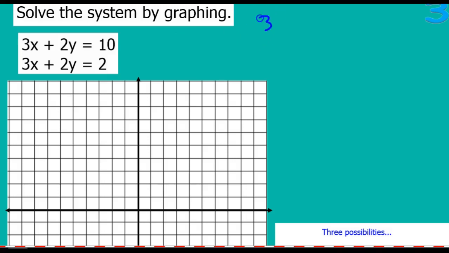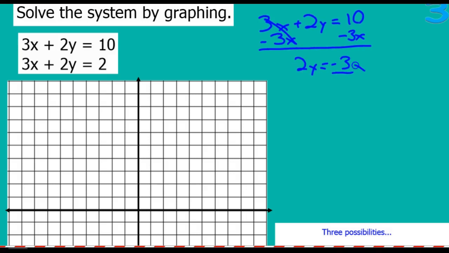We have 3x plus 2y equals 10. We need to get y by itself to graph it. So I'm going to subtract 3x, and 2y equals negative 3x plus 10. Divide by 2, and y equals negative 3/2 x plus 5. So I know I begin at 5: 1, 2, 3, 4, 5.